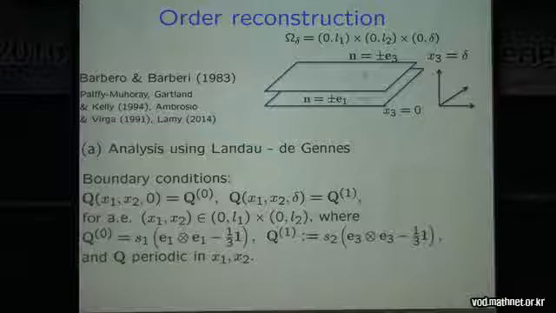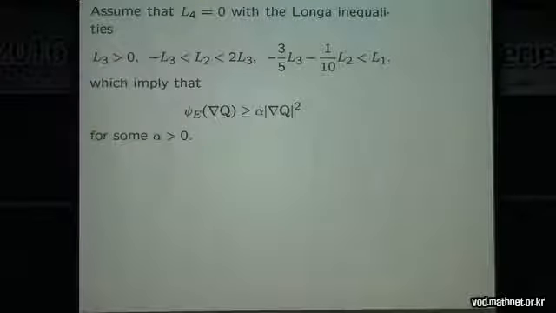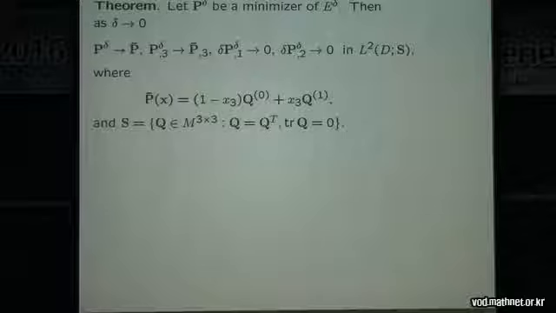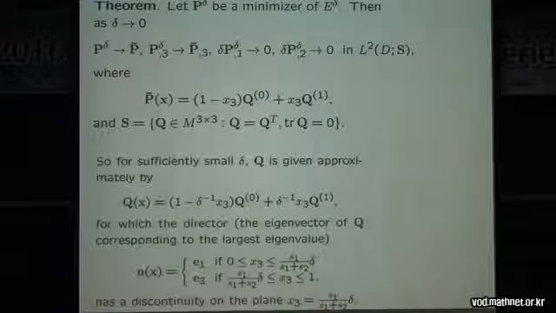Maybe since we want to end on time, I won't say more. Let me just get to the conclusion. You do some rescaling, etc., and then what do you get? Okay, so the conclusion is that under some assumptions, the Q tensor will vary linearly across the region between the plates.